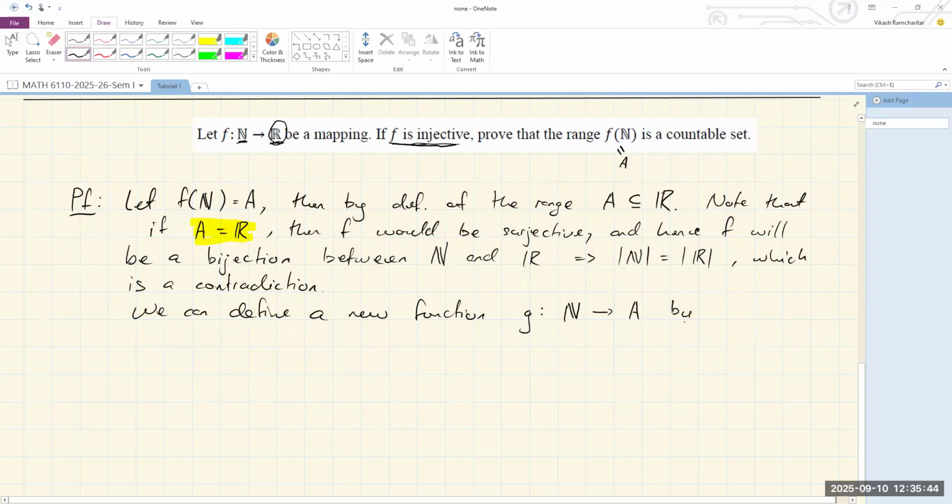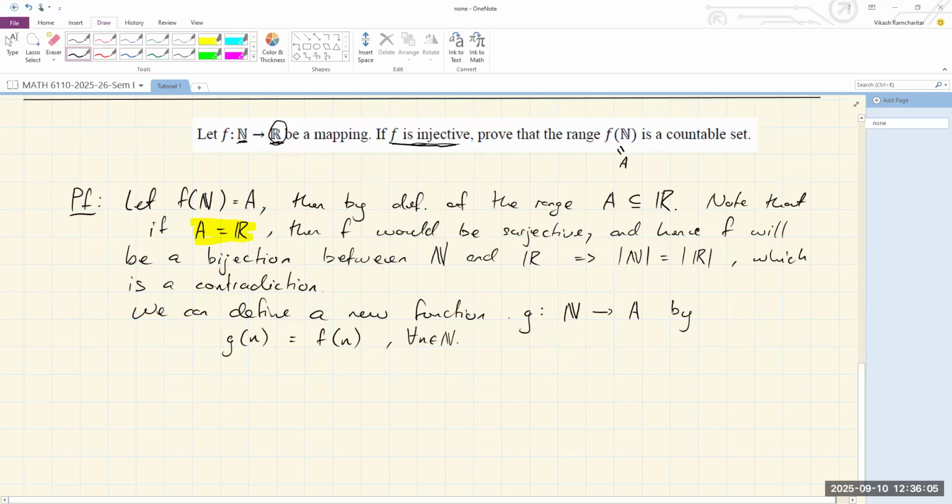I'm going to define this by saying that g of n, so it takes in a natural number because it's defined on the set of natural numbers. So g of n is simply the same function as f. So g of n is equal to f of n for all natural numbers.